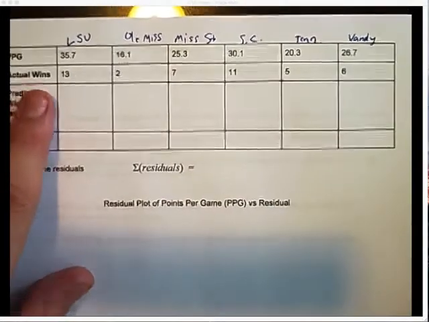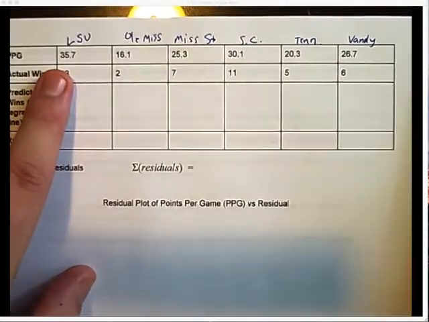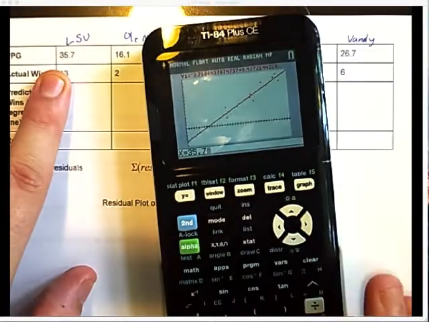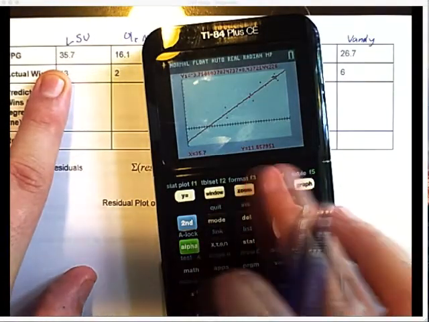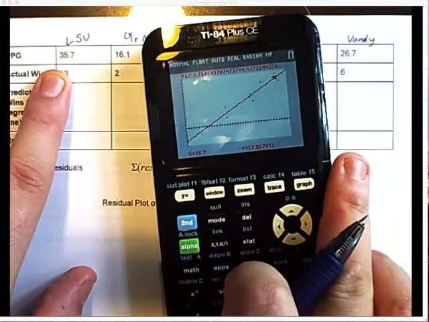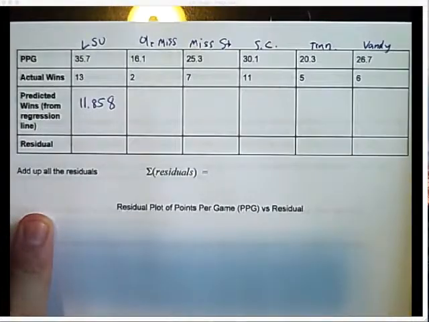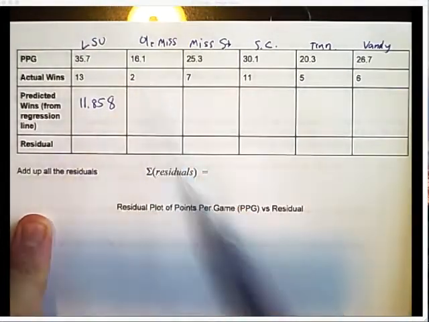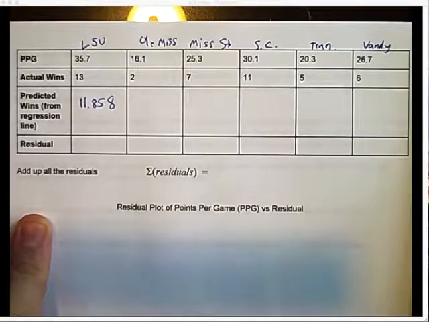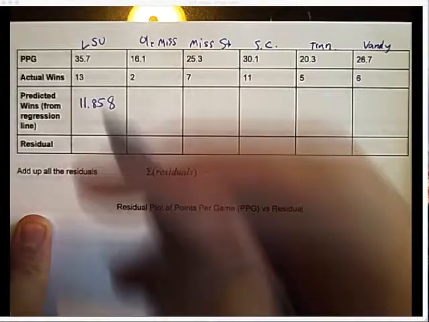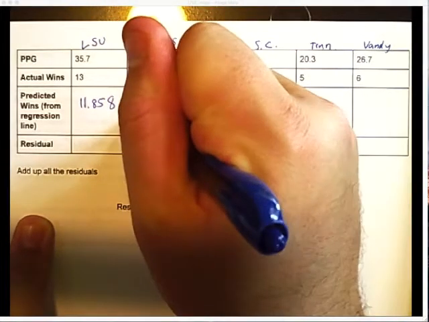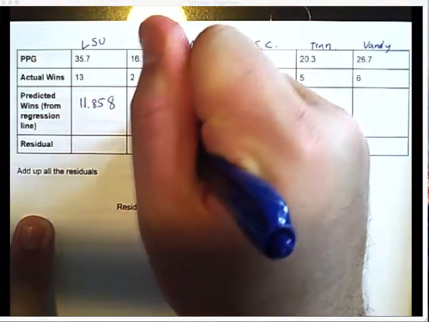So LSU 35.7, so if I type in 35.7, they were predicted to win 11.858. When I type in 16.1, comes out that Ole Miss was predicted to win 3.289.